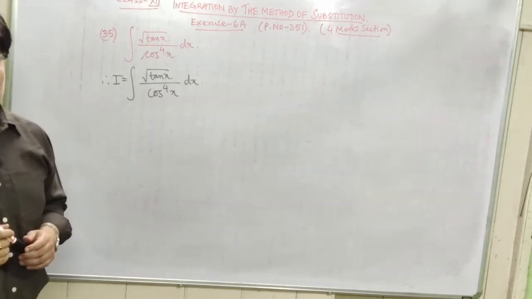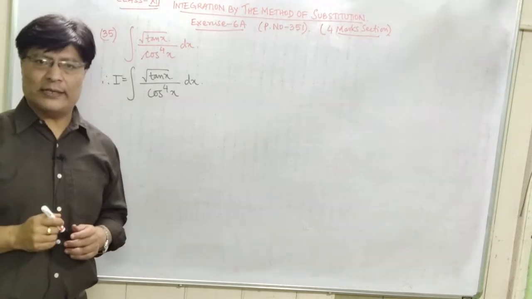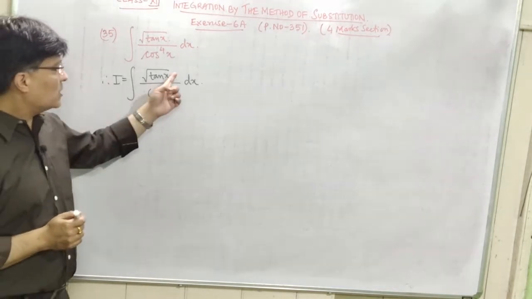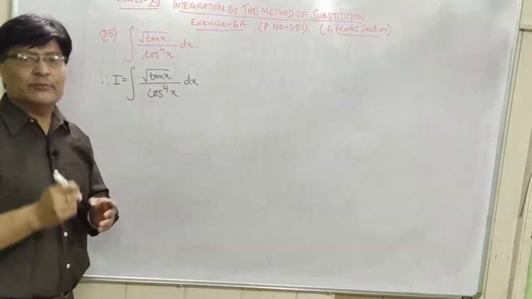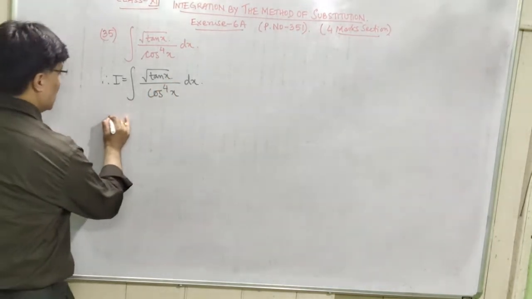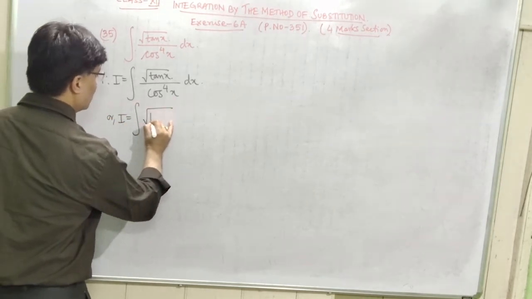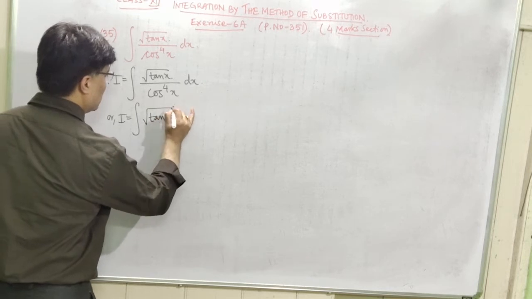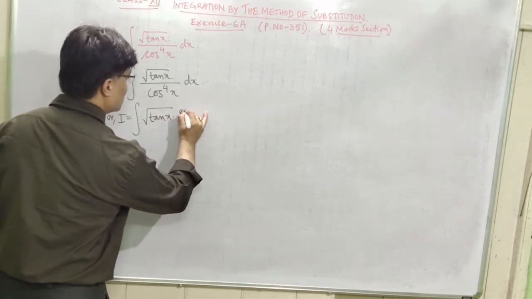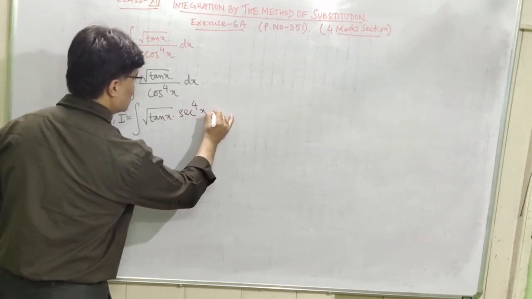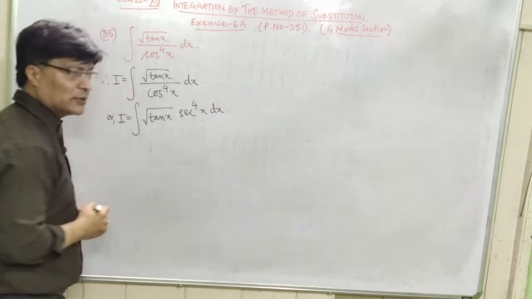And you know that the differentiation of tan x is sec square x. So now we can convert this 1 by cos to the power 4x in terms of sec, isn't it? So I is equal to integration of root over tan x into 1 by cos to the power 4x, which can be written as sec to the power 4x dx.